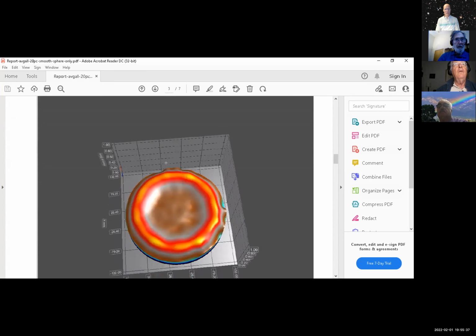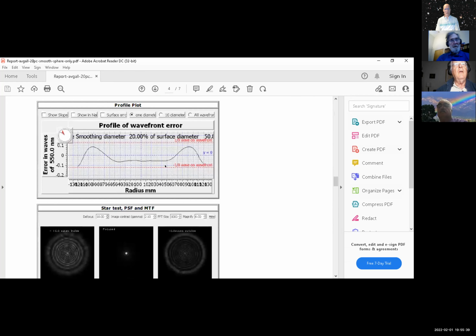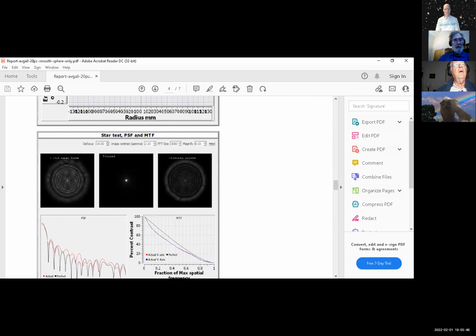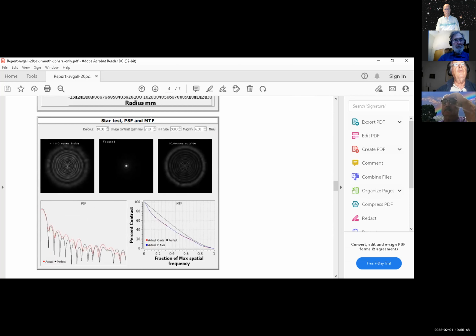Okay, so again, here's the hooks for the star test, point spread function and modulation transfer function. This is what it would look like in the star test. And yeah, I was seeing that pretty much.